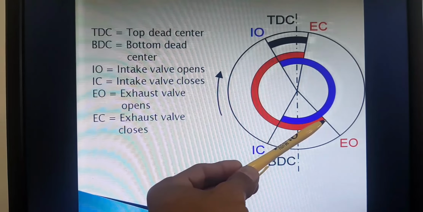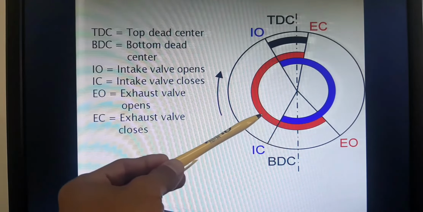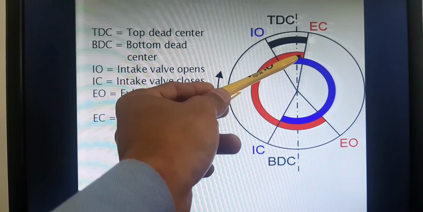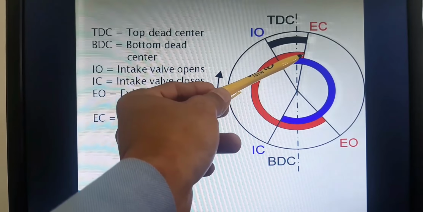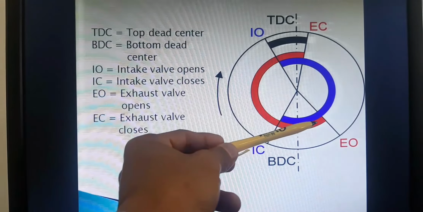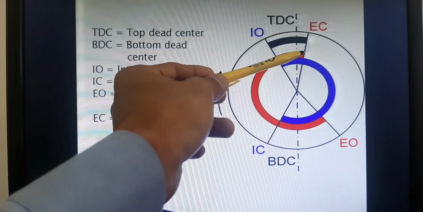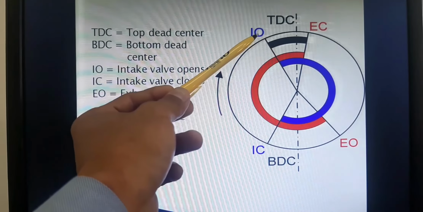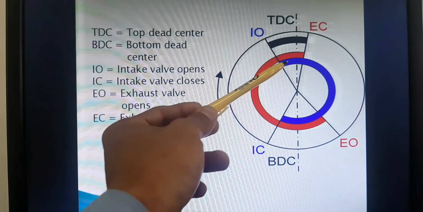The exhaust valve will stay open until it closes here. But before it reaches there, at a certain angle the intake valve will open.